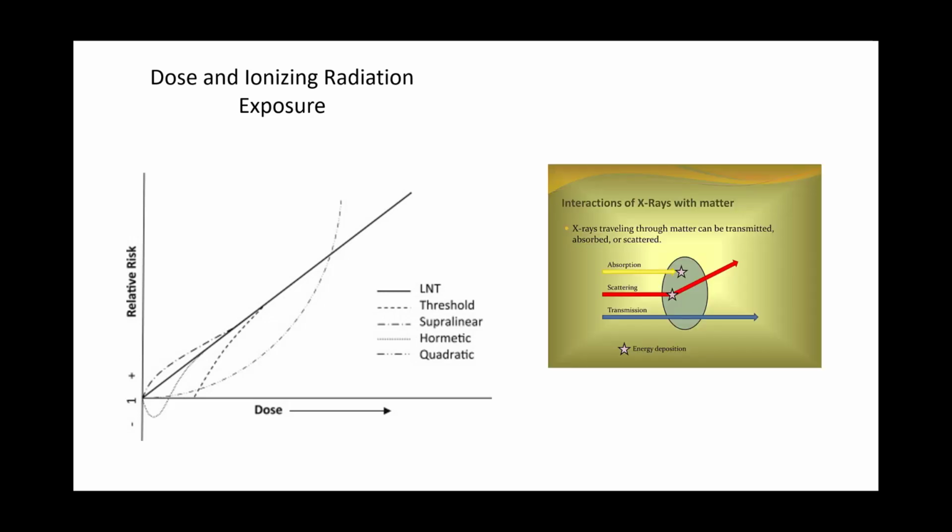With the linear no threshold dose, any amount of radiation, even 1 photon of energy interacting with 1 atom, could cause biological damage. It is unfortunate that the linear no threshold dose model is still being used today.